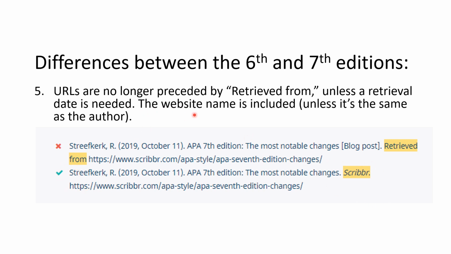And then the website name is included unless it is the same as the author. This is the surname of the author, initial, date of posting of the article. This is the title of the article. This is the title or name of the website, then followed by the URL. The phrase retrieved from is no longer necessary.